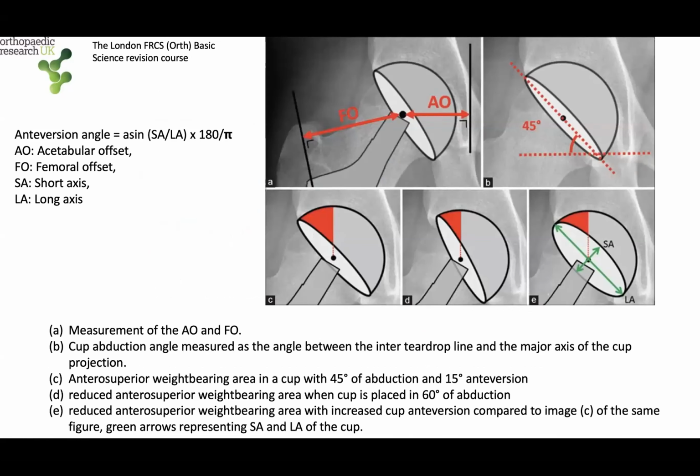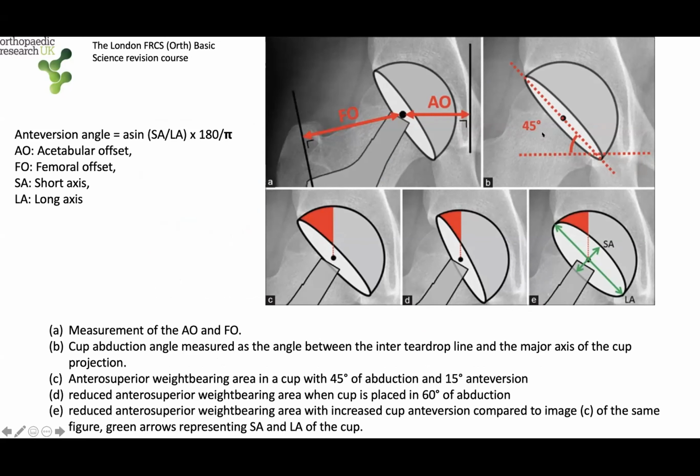This is what happens with the acetabulum. So I said to you, there were two things that you need to be aware of with the acetabulum. It's the inclination of the acetabulum as well as the version of the acetabulum, okay? And the cup abduction angle is measured as the angle between the interteardrop line and the major axis of the cup projection.